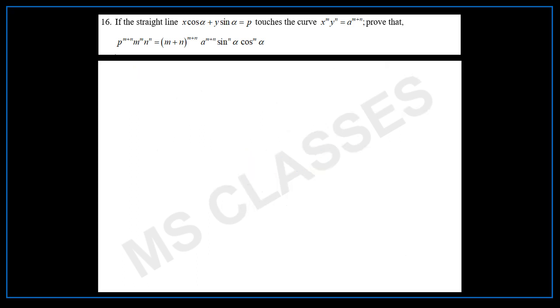Now we can say that the equation of the tangent is y minus y1 equal to slope. Here slope is minus m by n into y1 by x1, into x minus x1.